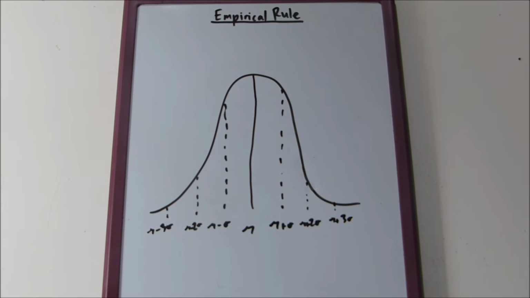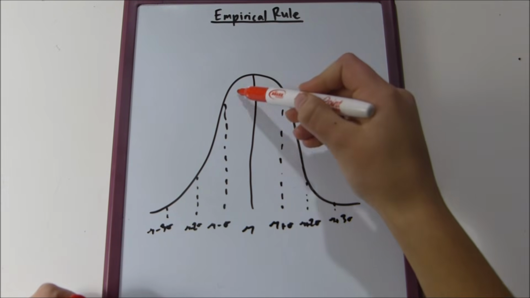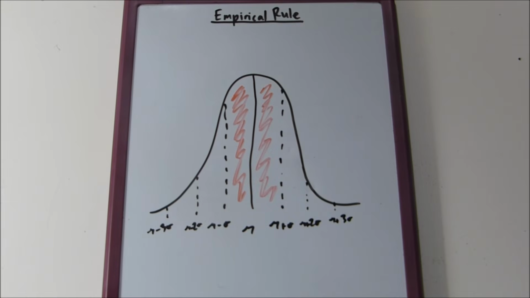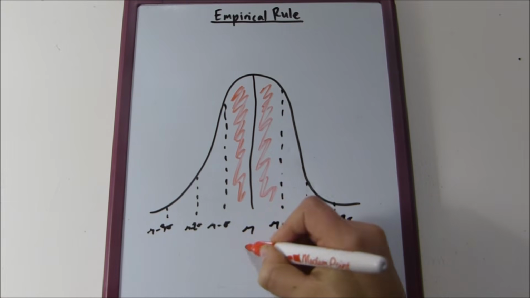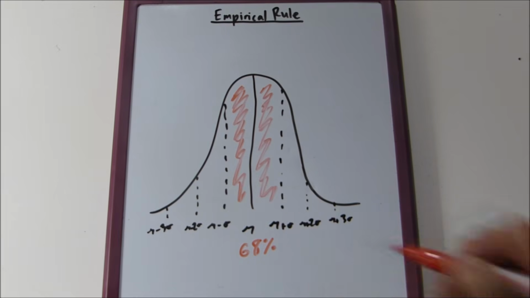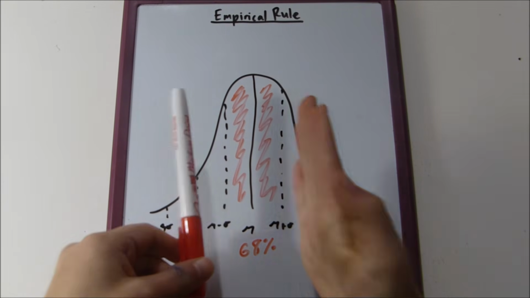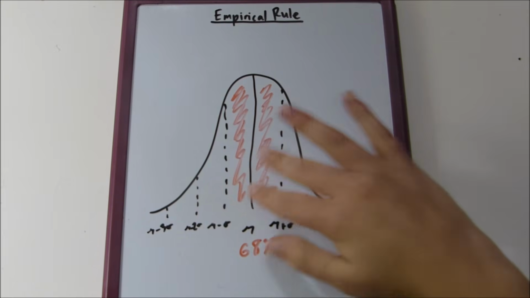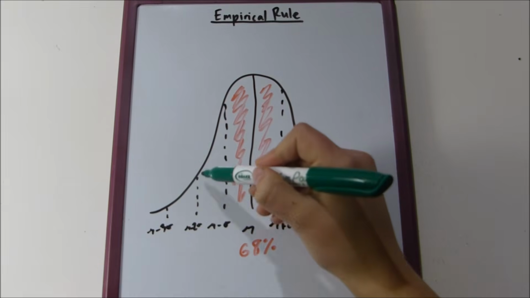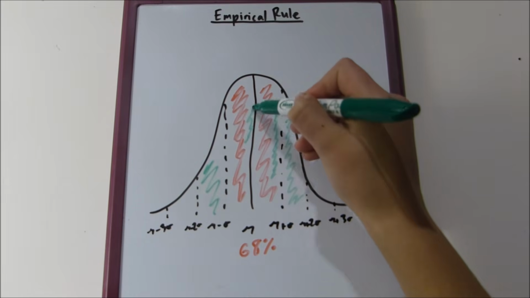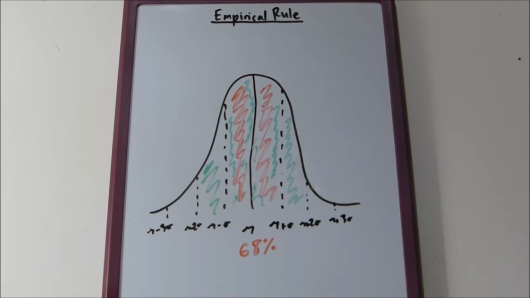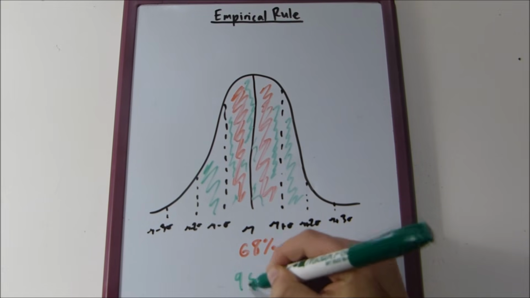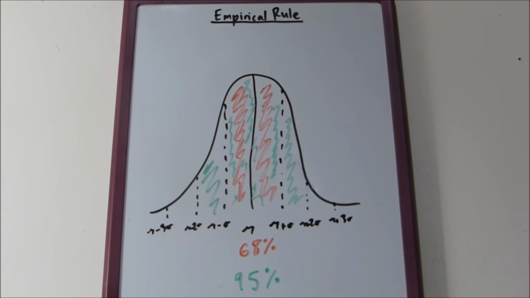What the empirical rule states is that approximately 68% of the observations are within 1 standard deviation of the mean. So that means that 68% of all the data is just here in this section. Then what it says is that approximately 95% of the observations are within 2 standard deviations of the mean.